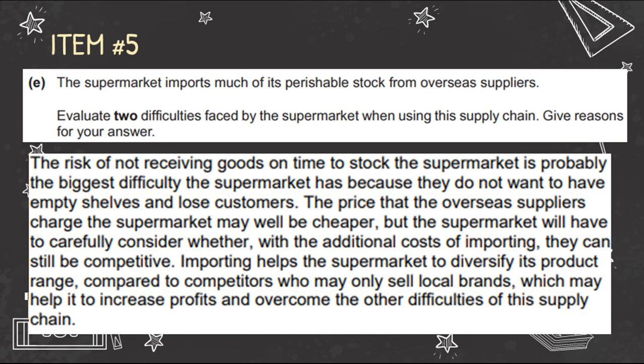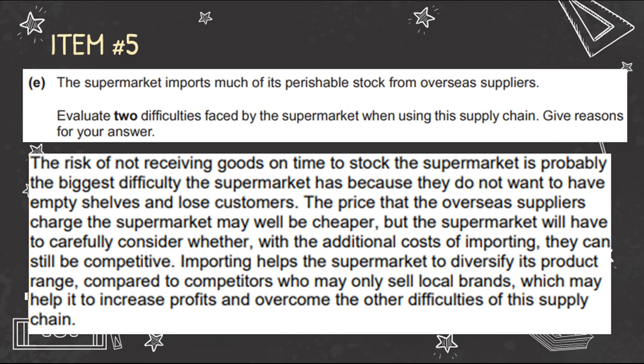And the last item would be: the supermarket imports much of its perishable stock from overseas suppliers. Evaluate two difficulties faced by the supermarket when using the supply chain and give reasons for your answer. So, what would be the disadvantages? Okay, the two problems that would be faced by the supermarket if it uses imported products.